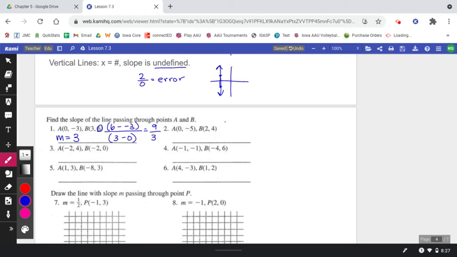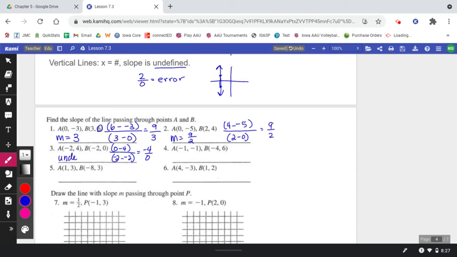On number 2, the first y term is 4, and the other one is negative 5. Over 2 minus 0 gives me 9 over 2, which doesn't reduce, so I'm just going to leave it as 9 over 2. This example here, I'm going to do 0 minus 4 over negative 2 minus negative 2, which becomes negative 4 over 0, which cannot happen.